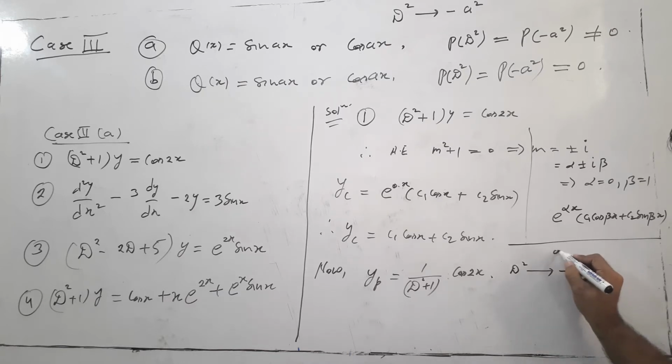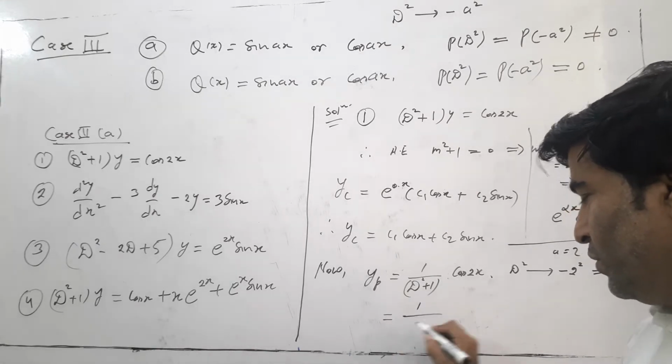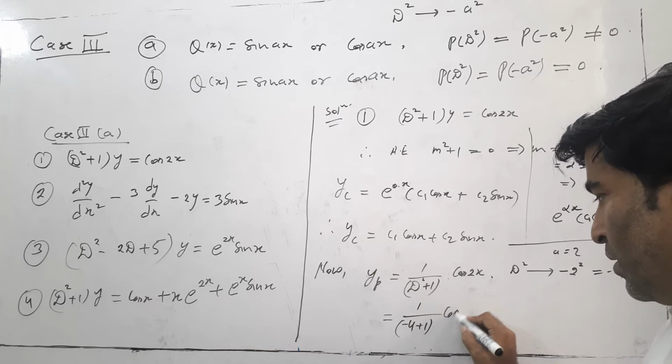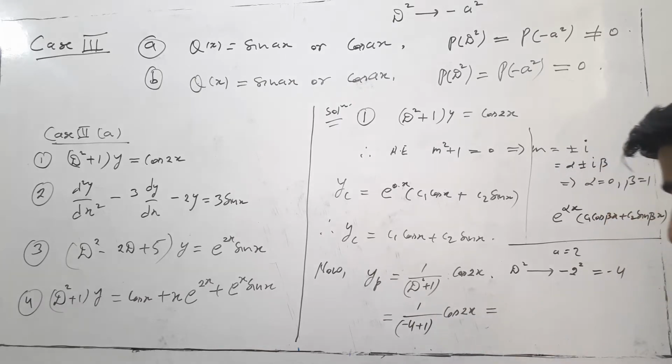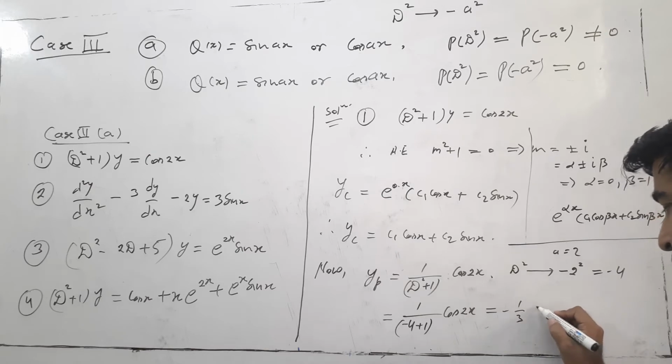Here a is 2, so we replace D square by minus 4. So this will be 1 upon (minus 4 plus 1) cos 2x, which is minus 1 by 3 cos 2x.